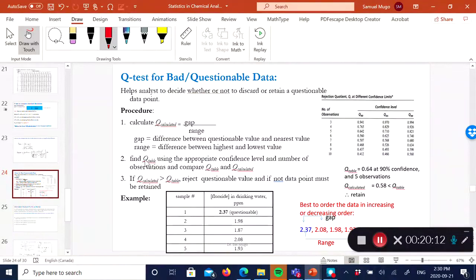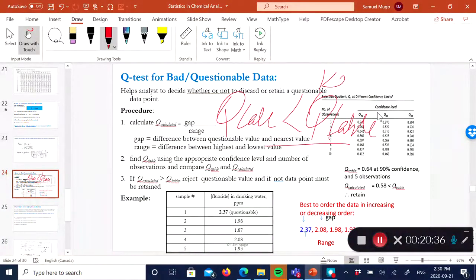If the Q calculated is much smaller than the Q from the table at a specific confidence interval, then you should keep the data. Hope it's very clear. If the Q that you calculate is less than the Q from the table, then you should keep the data. The data is not an outlier. If the opposite is true, then the data is an outlier.